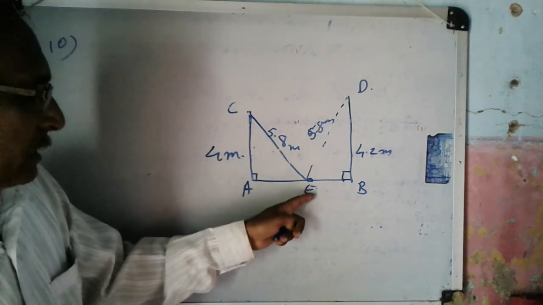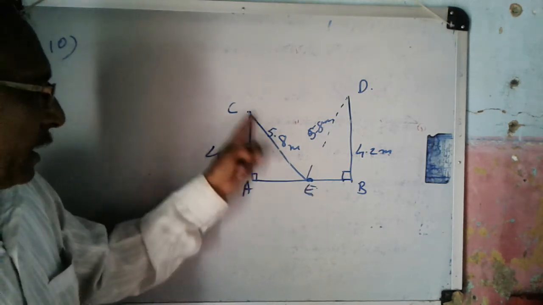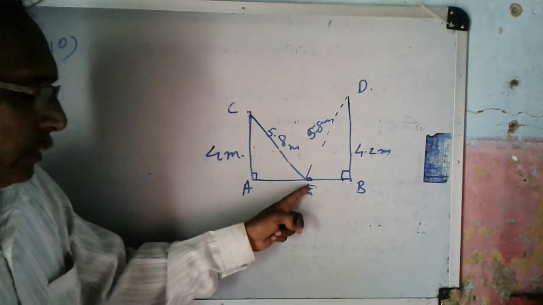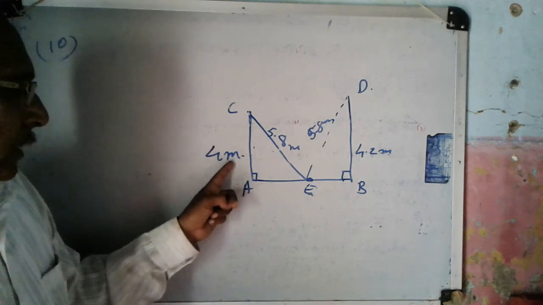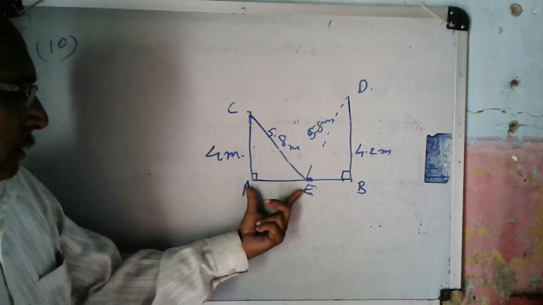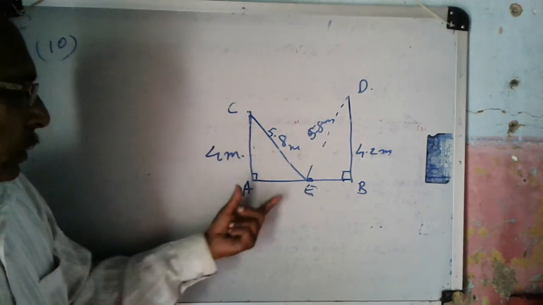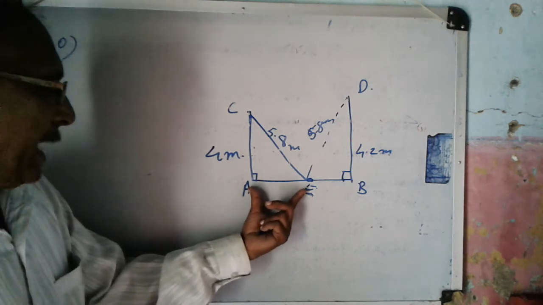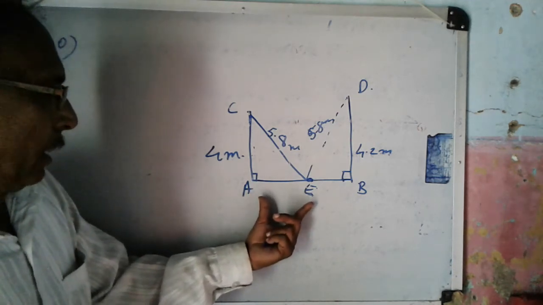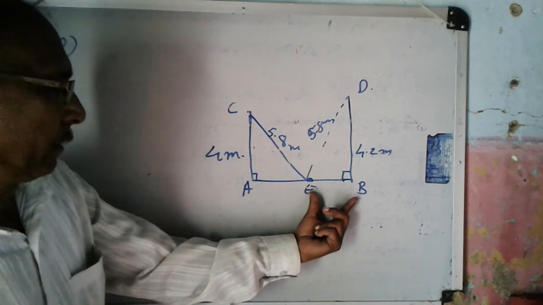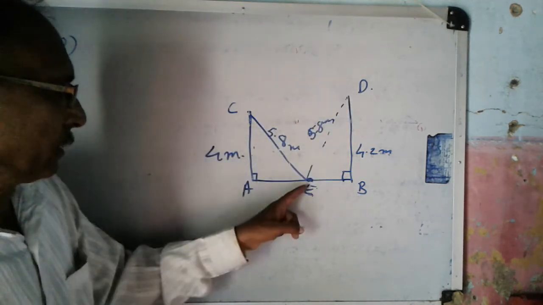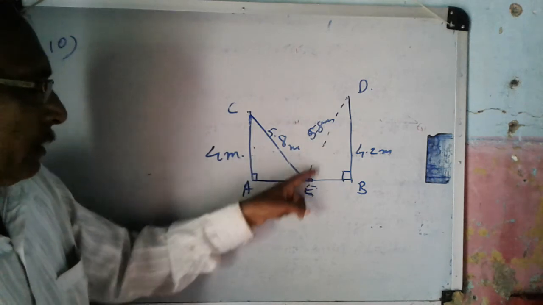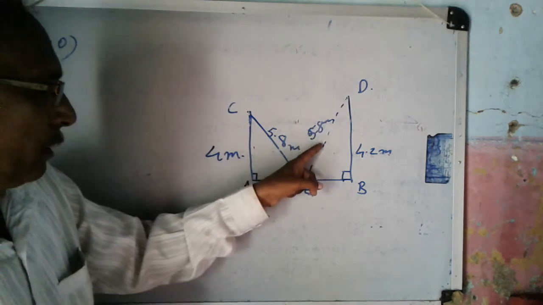First time ladder is kept in position EC. So using Pythagoras Theorem, you can find AE. In triangle AEC, use Pythagoras Theorem, find AE. Now, in another triangle, the height, that means the ladder in this position, ED. The height is same, 5.8.